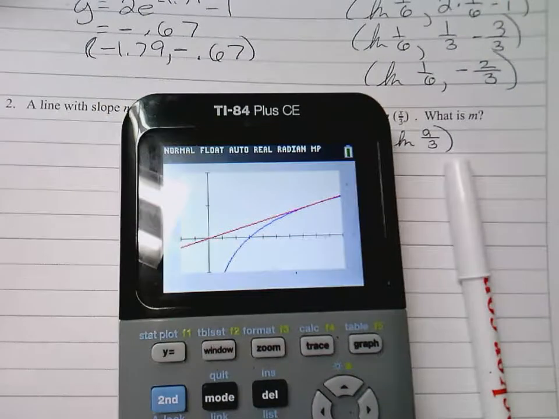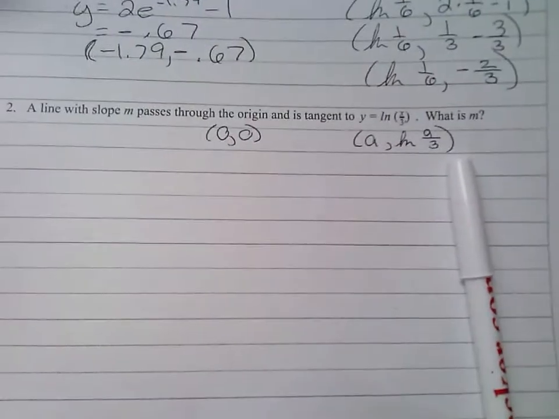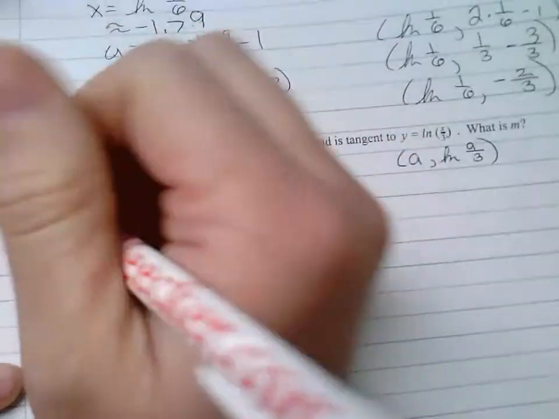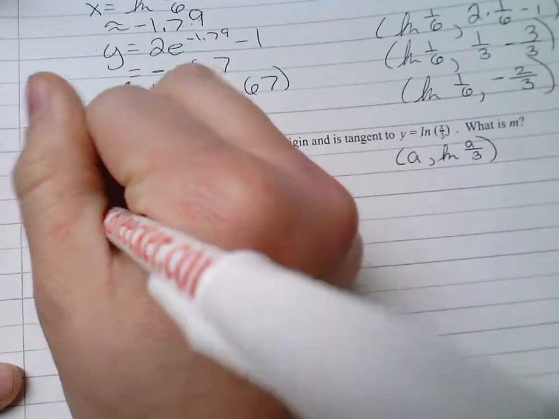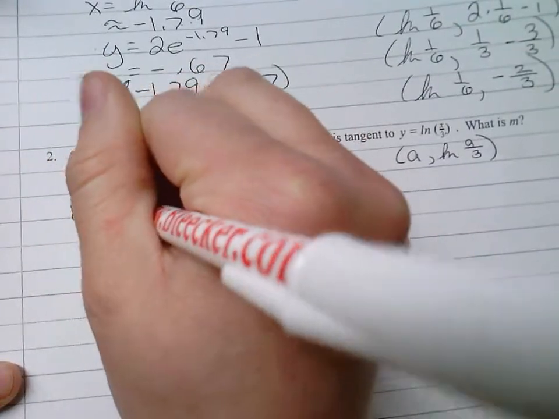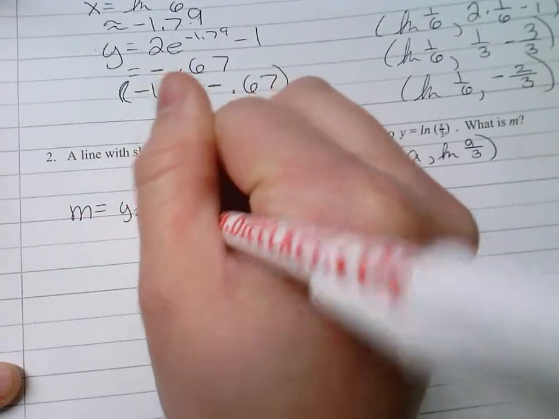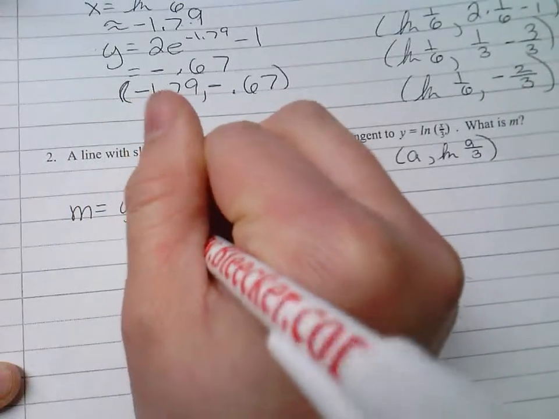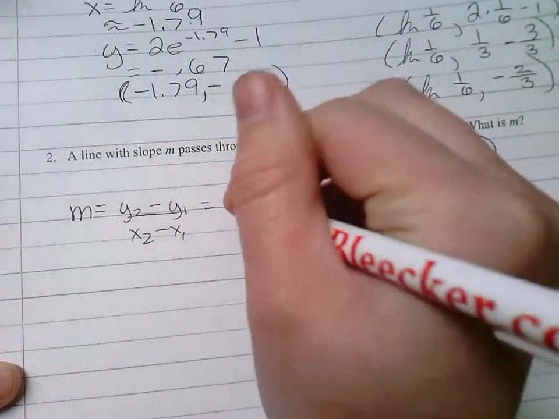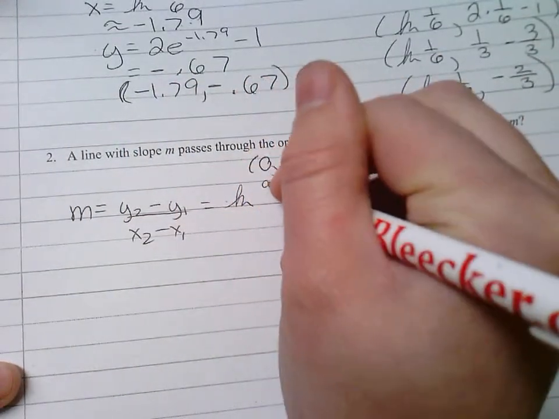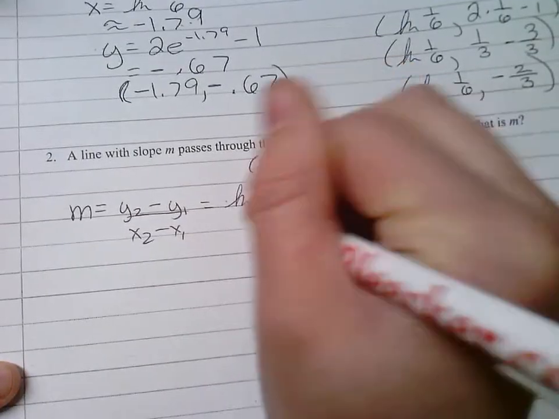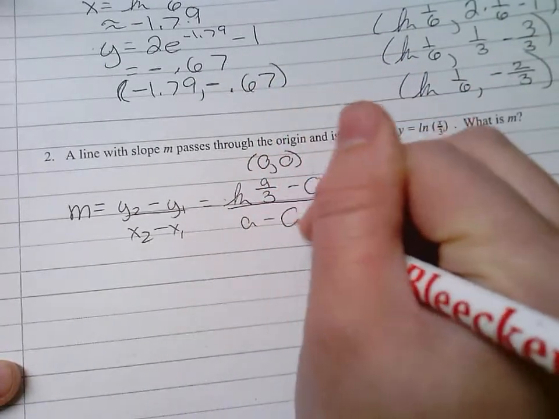And just like in Algebra 1, you use 2 points, y2 minus y1 over x2 minus x1 to find your slope between 2 points. So that's going to be m equals y2 minus y1 over x2 minus x1, which gives you ln of a over 3 minus 0 over a minus 0.